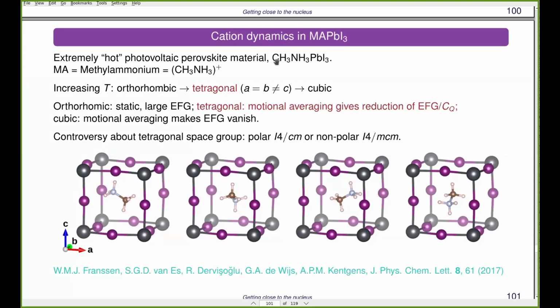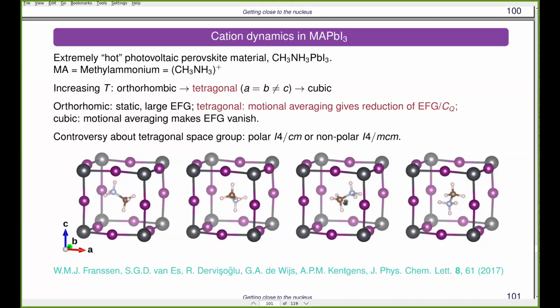And for methylammonium lead iodide, you can actually do that in a very cheap way. You don't have to do the dynamics. You know the 4 configurations that are possible. So you can just put your methylammonium like this. You press on the relax button and you let everything relax until you have a very stable minimum. And you can do it here also. Of course, it's degenerate, but it is rotated.